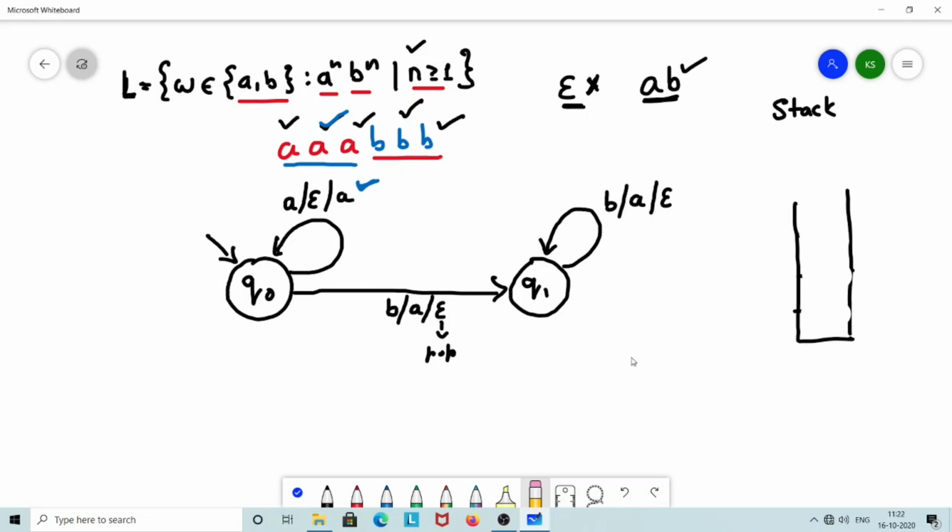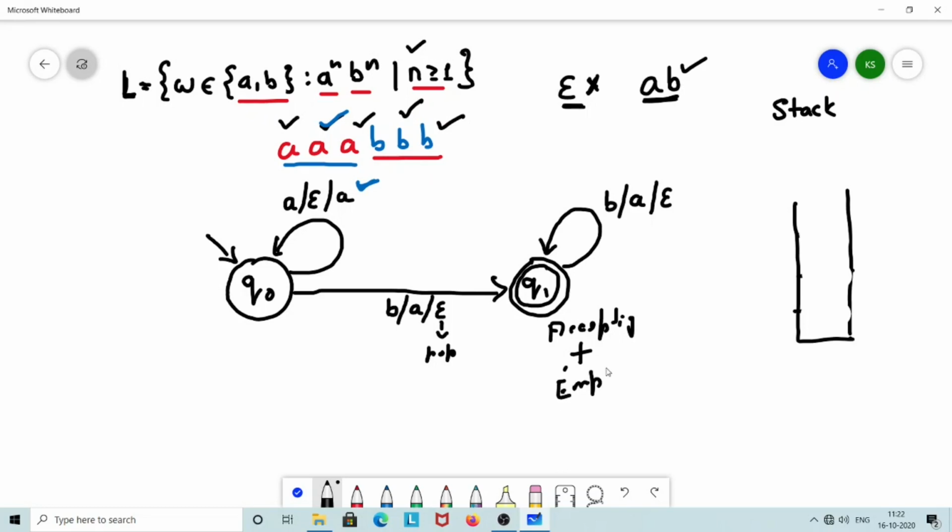So after encountering 3 A's and 3 B's, the content of the stack is empty, and I have to mark Q1 as accepting. So Q1 will be the accepting state. After encountering the entire string, the PDA has ended up in Q1 state, which is the accepting state, and the content of the stack is empty, right?